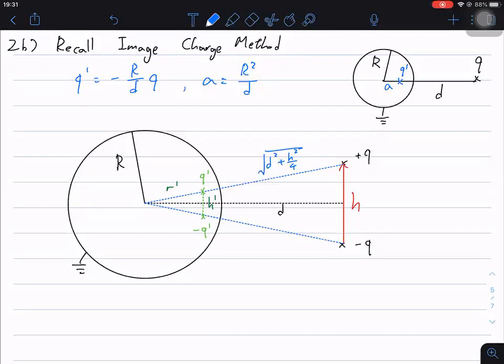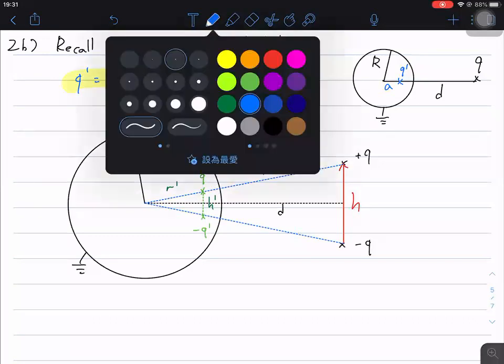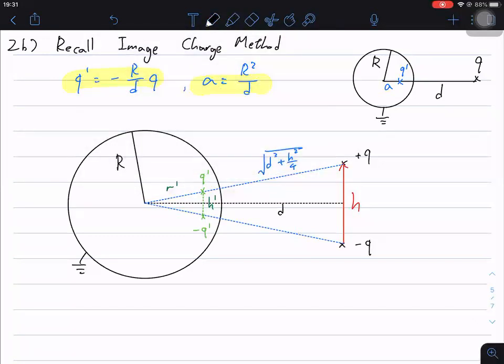So in that case, we can find the potential outside the sphere. I think you all have already done the calculation in the problems. I forgot which problem set, but I'm definitely sure that you have done the exercise in homework. So if you forgot how to derive the image charge in this case, please refer to the solution of the homework.